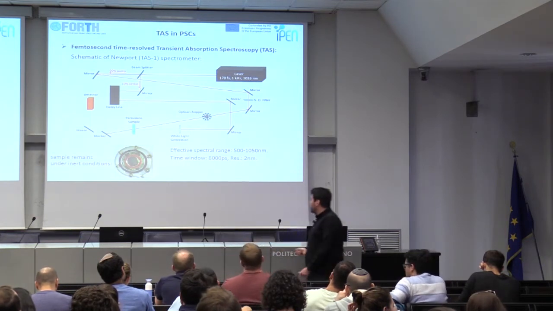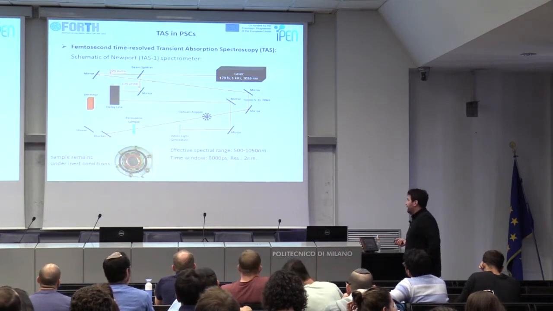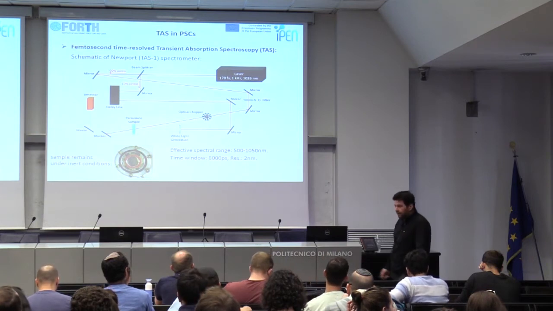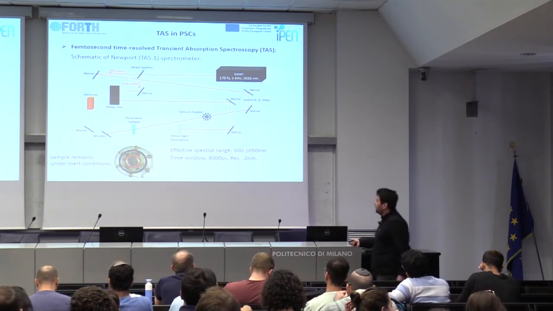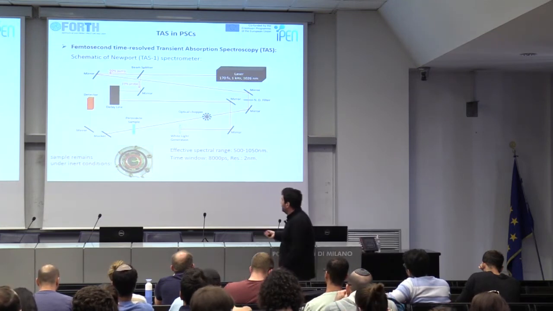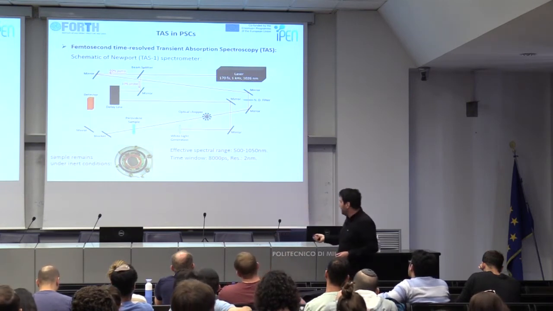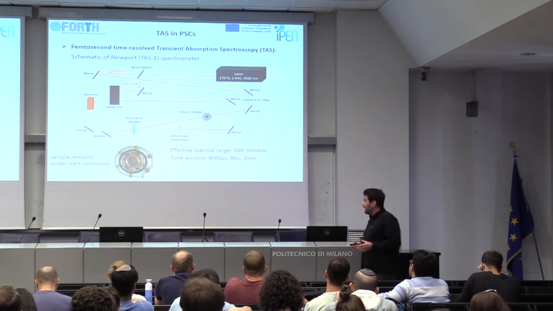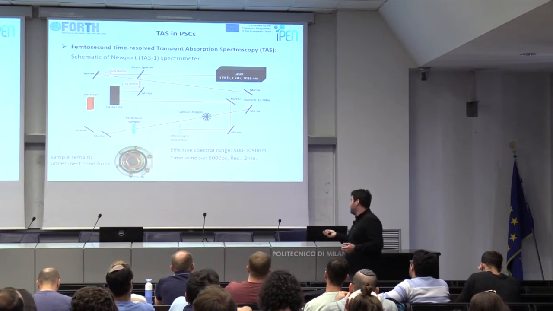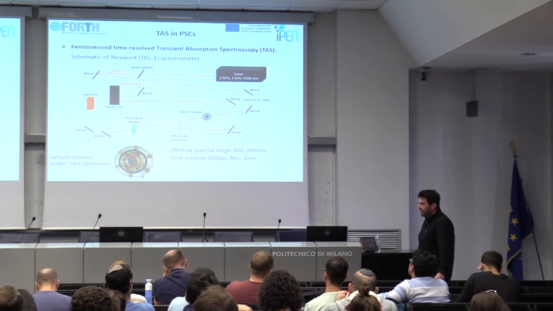So we found out that it is very important to perform all the transient absorption spectroscopy measurements, and in general all the characterization procedures, while the sample remains under inert conditions. So we place this specially designed holder within the glove box where the perovskite synthesis is done. And here we perform TAS analysis while the perovskite remains under nitrogen in order to avoid degradation effects.